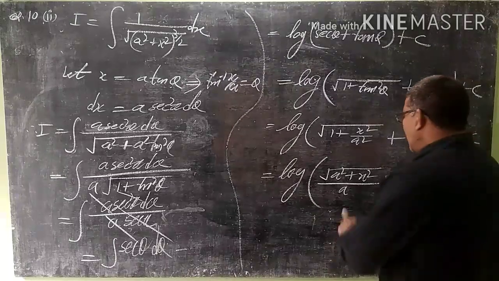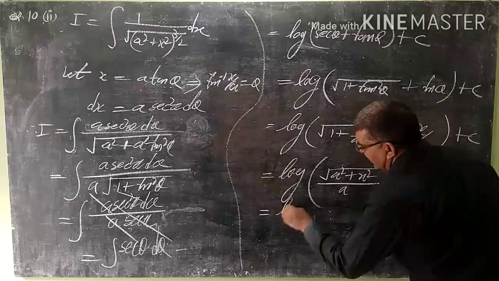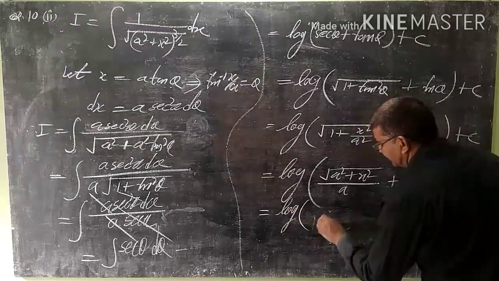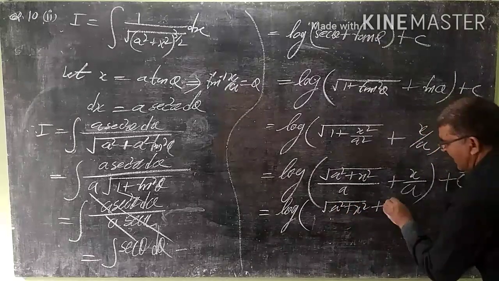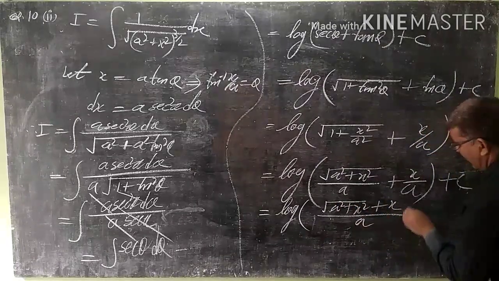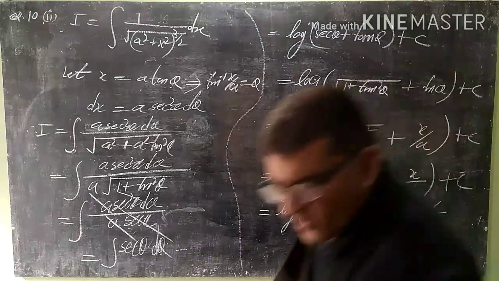Now a can be taken again LCM, then it will become log under root a square plus x square plus x, upon a.